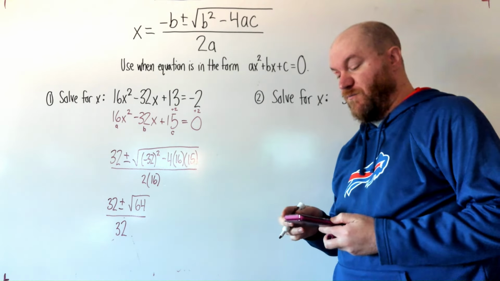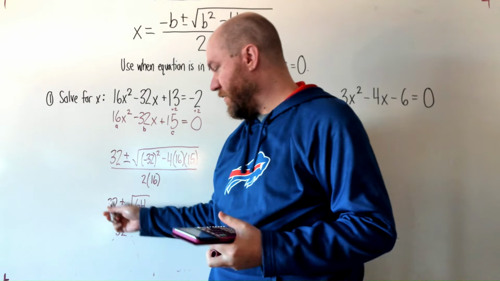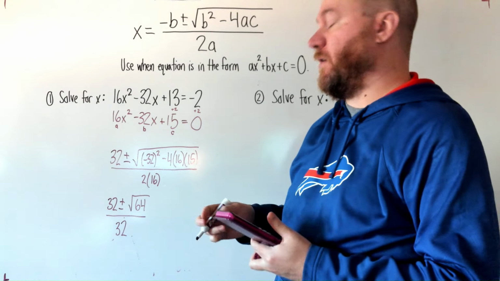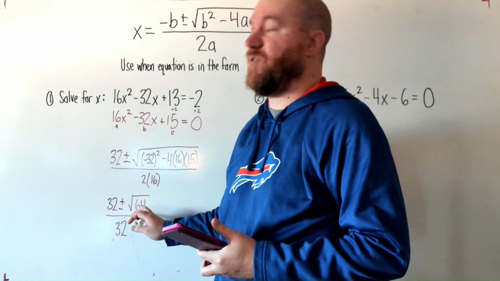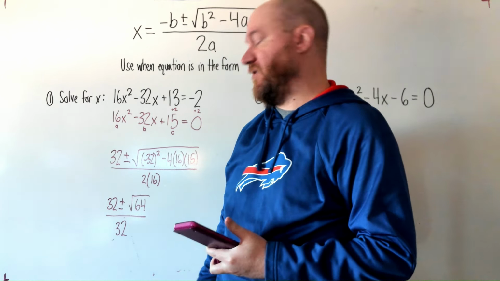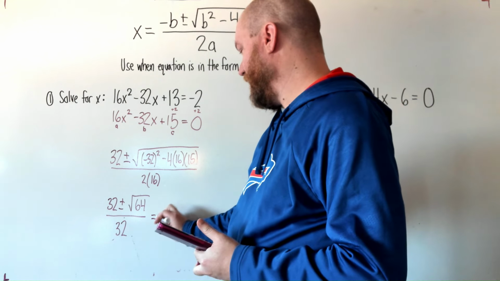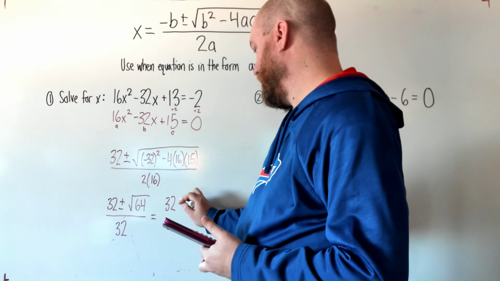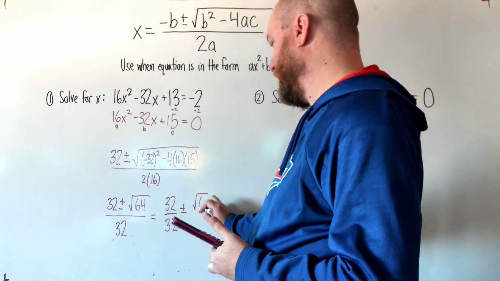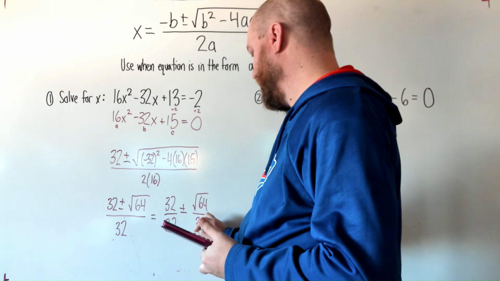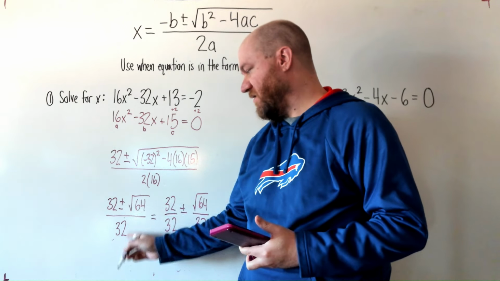Good. Now I'm really tempted here to just say, oh, 32 divided by 32 is 1. You can't, in a fraction that has an adding problem on top, you can't just cross off part of the fraction. But what I can do here is I can do 32 plus or minus the radical 64 over 32. I can split this into 2 problems, right?